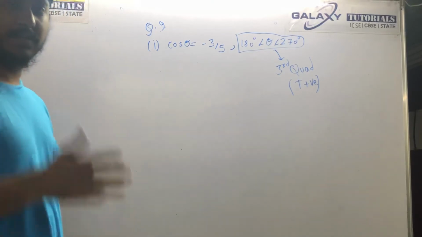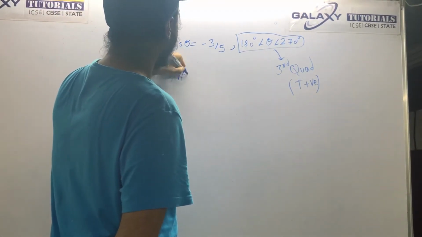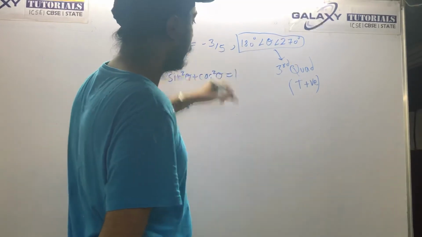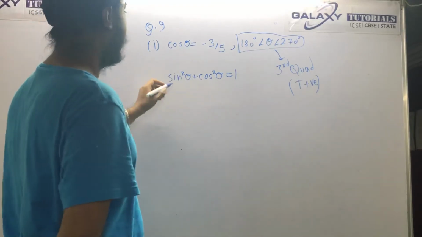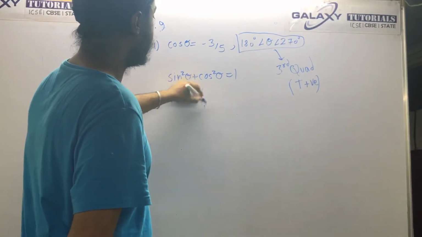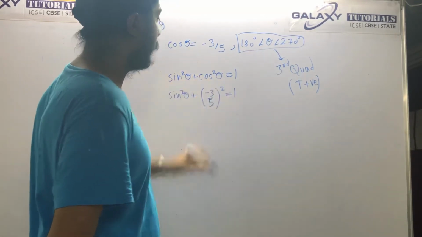So first you will find sine. You know sine square theta plus cos square theta is equal to 1. Cos theta is minus 3 by 5, so sine square theta plus minus 3 by 5 whole square is equal to 1.